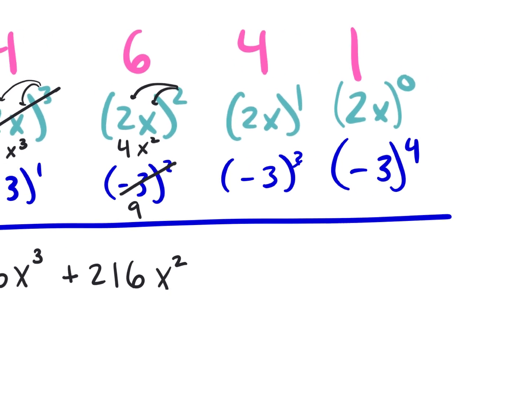Let's go to our 4th column. So 2x to the 1st power is just 2x. -3 to the 3rd power would be what? -27. Awesome. So we have -27 times 4 times 2x. Would be -216x.